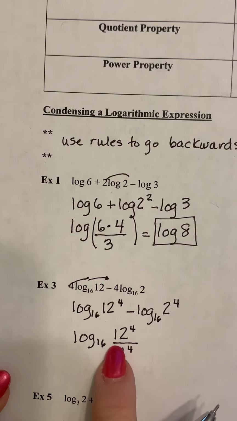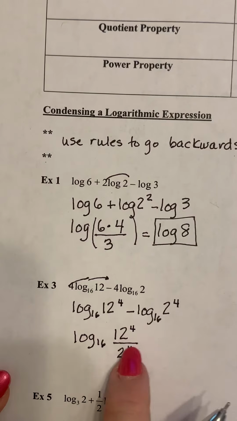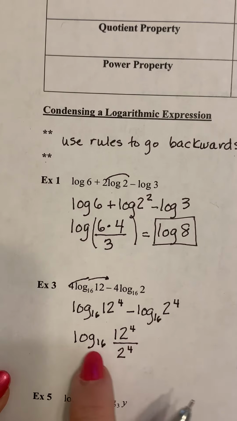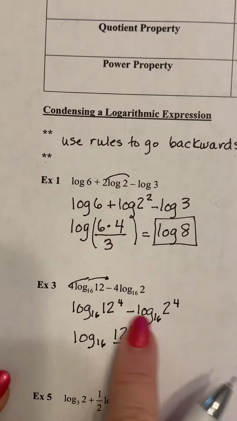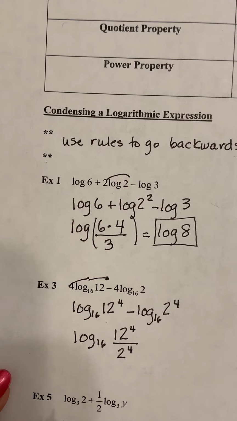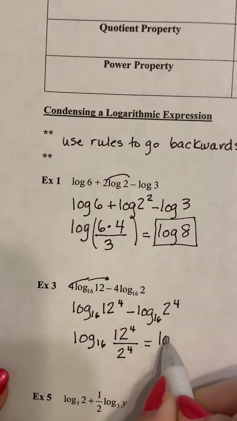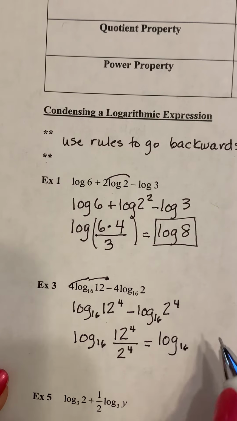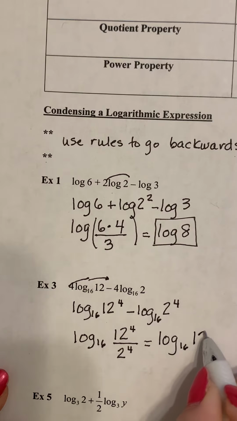Notice how that has the line here, not back here. It's a log base 16 of this whole thing. If you do 12 times 12 times 12 times 12 divided by 2 times 2 times 2 times 2, you're going to just end up with a log base 16 of 1296.